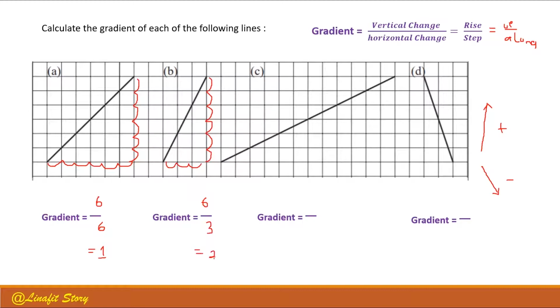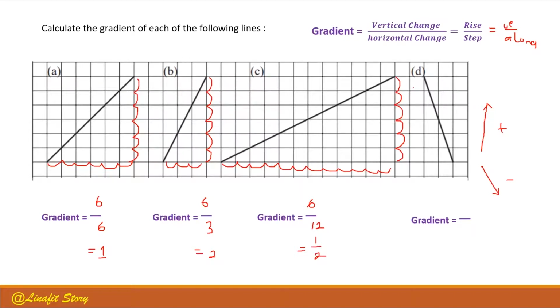C, the line slopes upwards, so the gradient is positive. The vertical change is 1, 2, 3, 4, 5, 6, out of the horizontal change, which is 12. 6 out of 12. Don't forget to simplify, it is 1 out of 2.